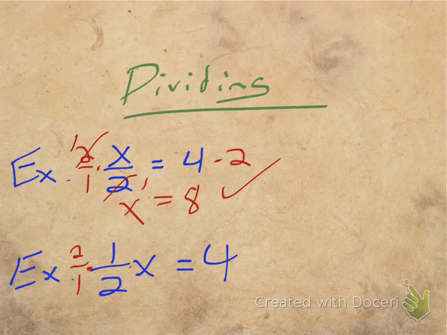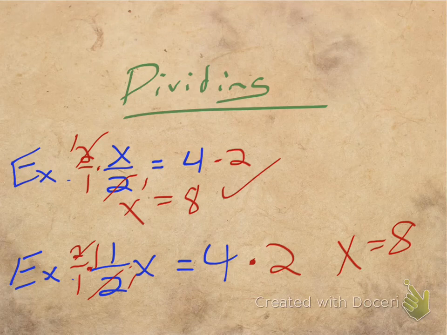So 2 over 1 times 1/2 gives me 1x. So this side I'm going to multiply by 2 and I get 8. So x is 8 again. Half of 8 equals 4. Perfect. Check mark.